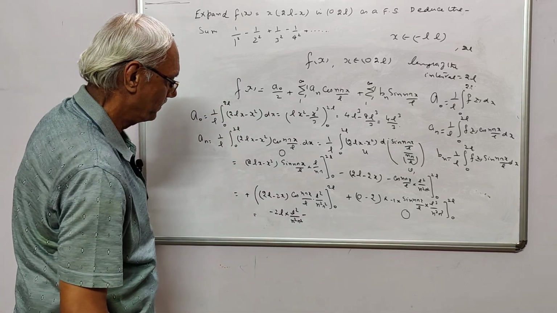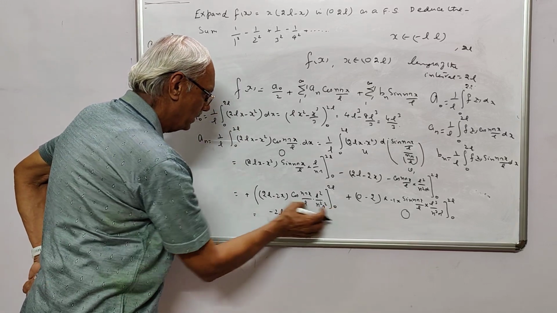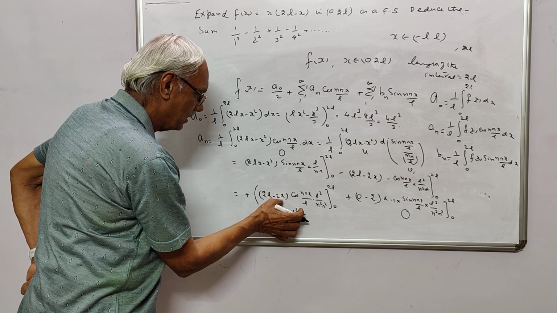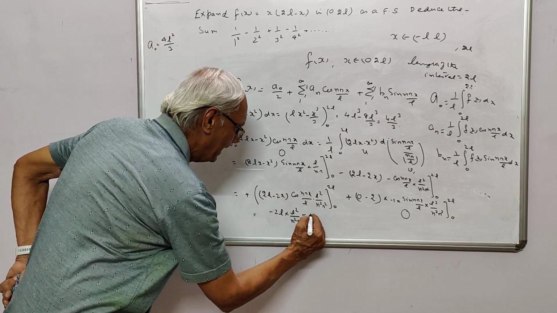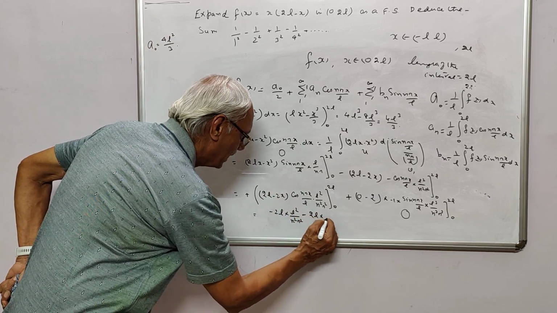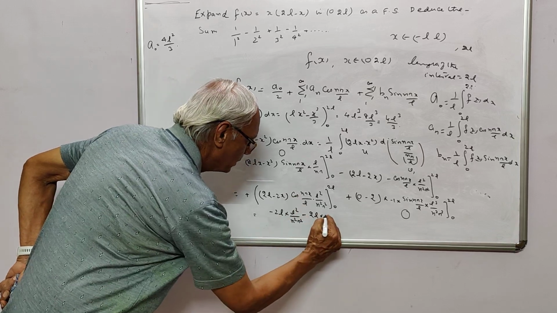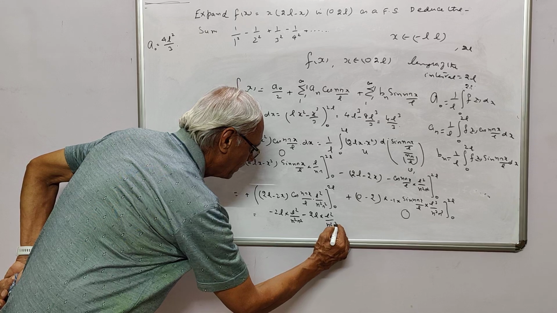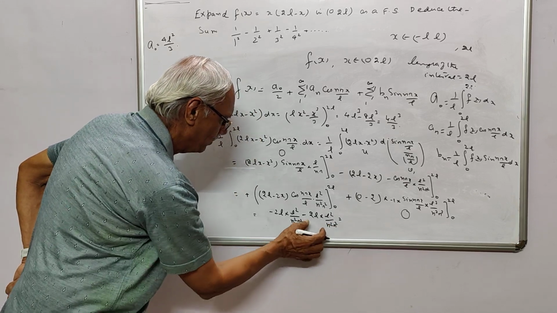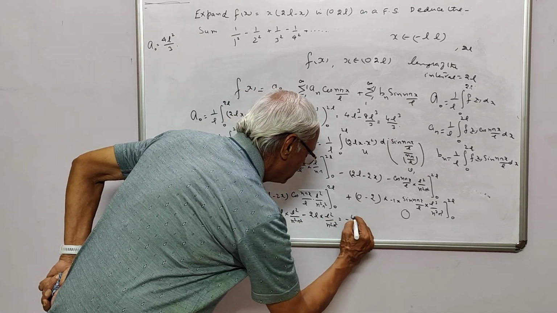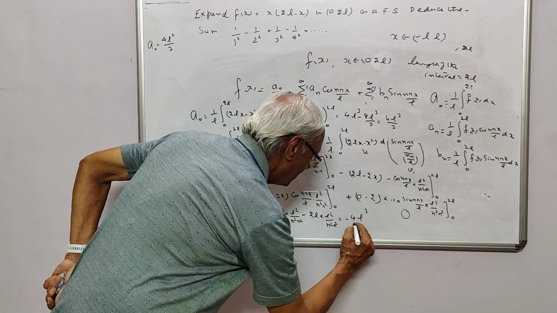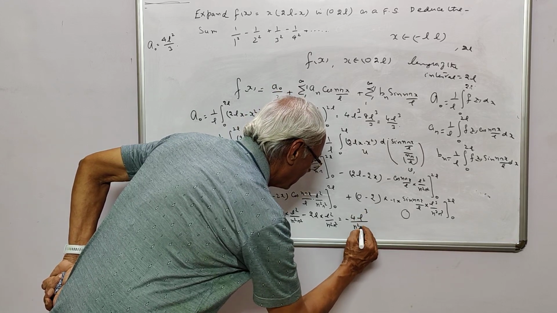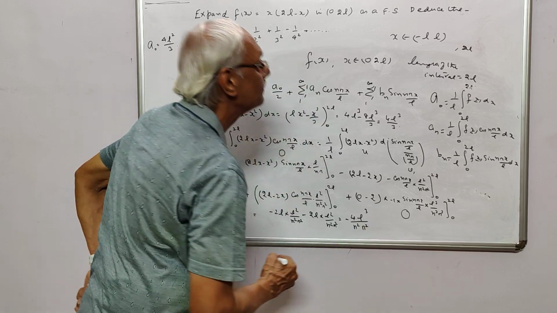Minus, when you put 0, it is again 2L, cos 0 is 1, so it is L²/n²π², so minus 2 will be minus 4L³/n²π².